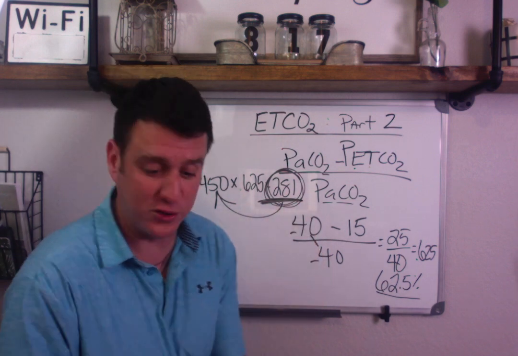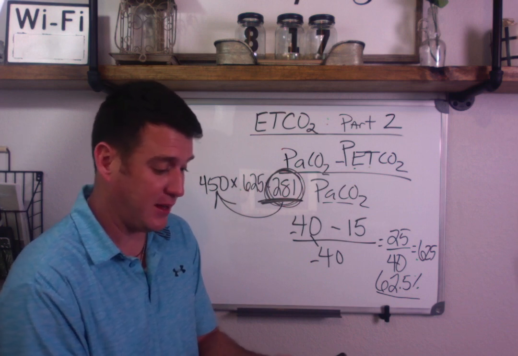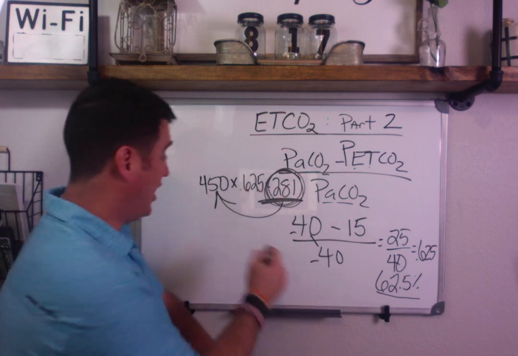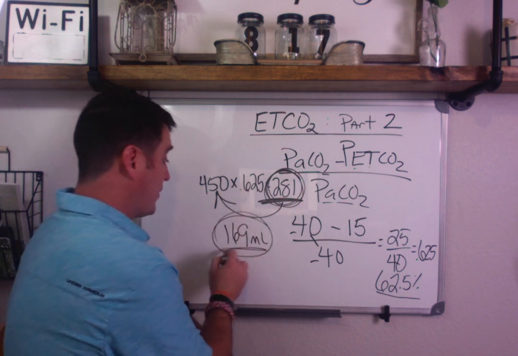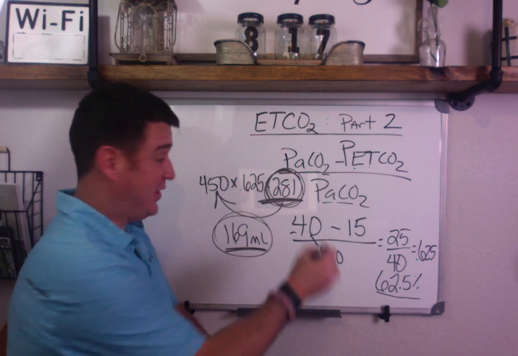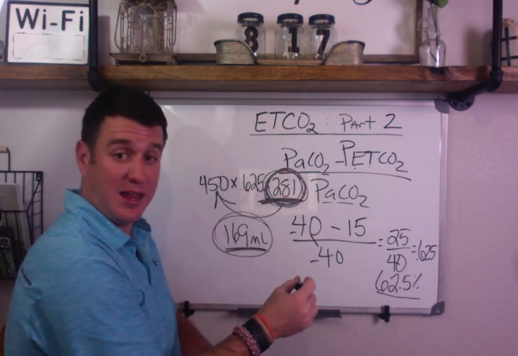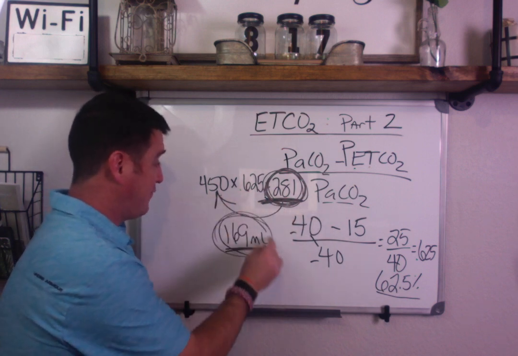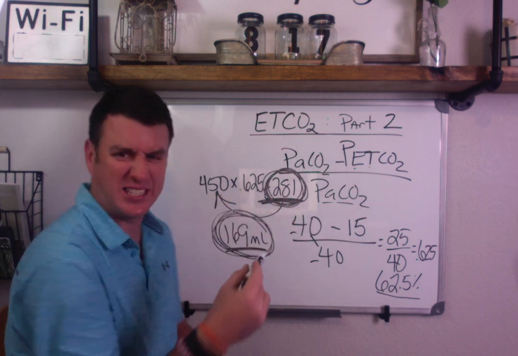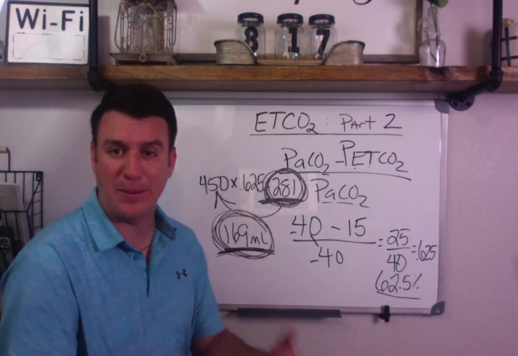So if you do 450 minus 281, that means only 169 mLs are participating. This gives you your dead space. And when you subtract that from your tidal volume, you get your effective tidal volume, or what I like to call with my students, our alive space, the opposite of dead space.